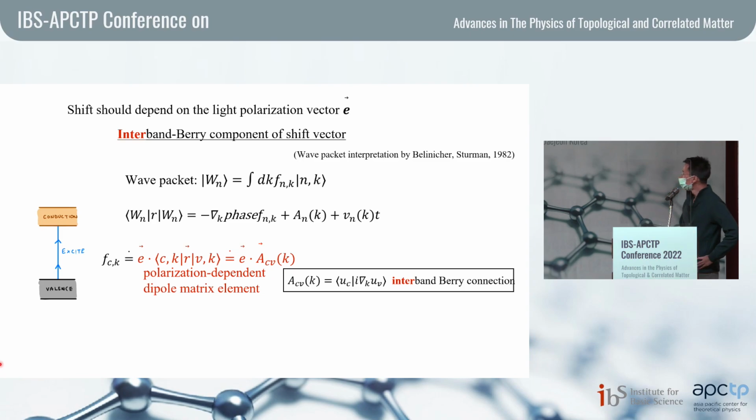Okay. So the off-diagonal matrix elements of the position operator are just equal to the interband Berry connection, where c stands for conduction and v for valence, is defined here. Okay.